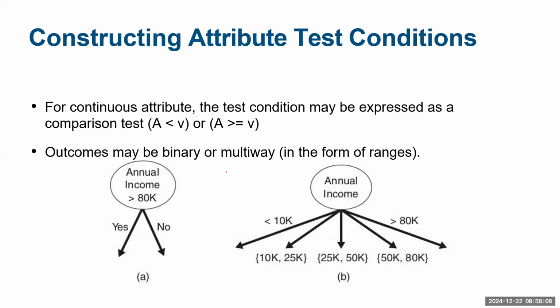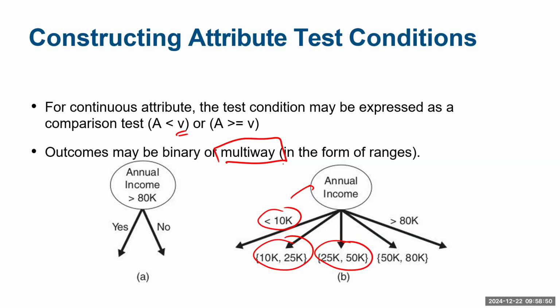Now for a continuous value, you have to pick a constant, and then you split into two. Now you can also do a multi-way split for an attribute in range. In range, for example, if you only look at annual income, you can say less than 10K, from 10K to 25K, from 25K to 50K, right? So there are two strategies for a continuous value.